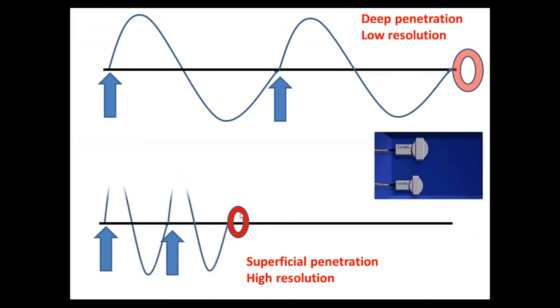and good assessment of superficial structure, compared to low frequency with longer wavelength, which is needed more in adults or to evaluate deeper structure at the expense of resolution. So the low frequency can penetrate deeper but at the expense of resolution.